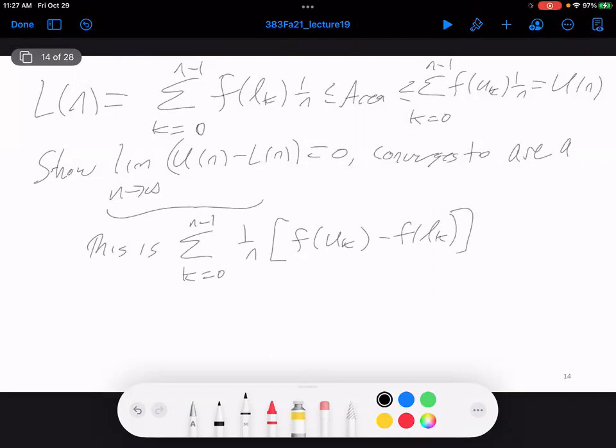Now, how would you estimate this? So one thing is, we have a 1 over n, which is going to make things small. Unfortunately, what's going to make things large?